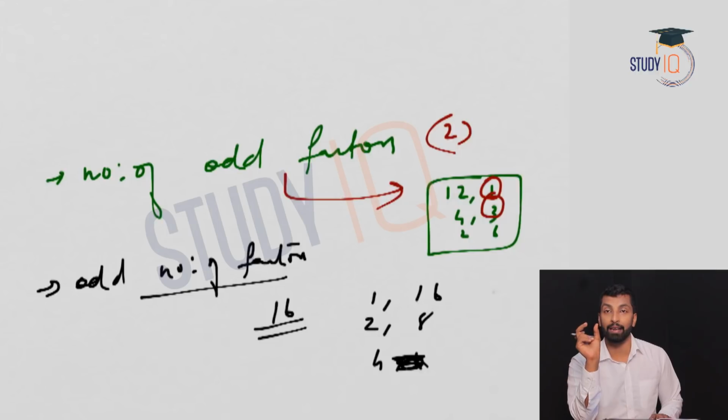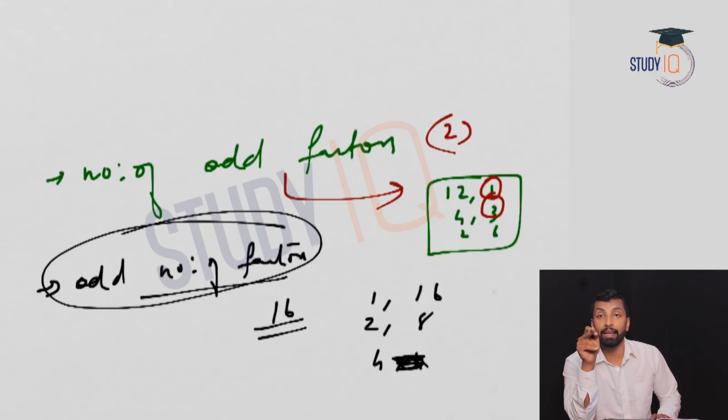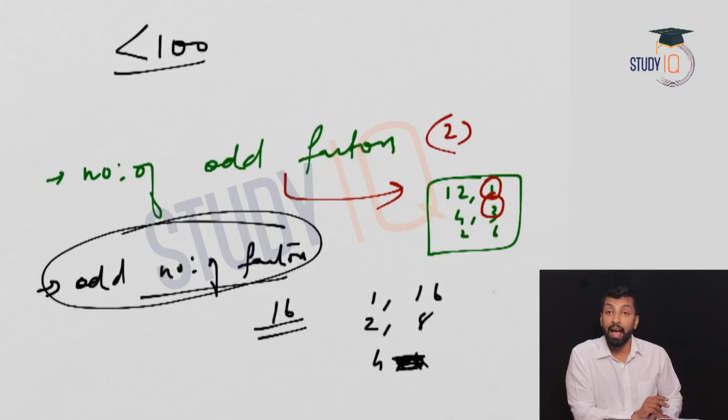That's why you're getting an odd number. Otherwise the factors come in couples, in pairs, right? But when it comes to a square, you'll take only one. So the moment you see an odd number of factors, you are looking for square numbers. Square numbers will have an odd number of factors. So if I ask how many numbers less than 100, keep in mind less than 100, have an odd number of factors, you need to look for how many square numbers there are. 1, 2, 3, 4, 5, 6, 7, 8, 9.